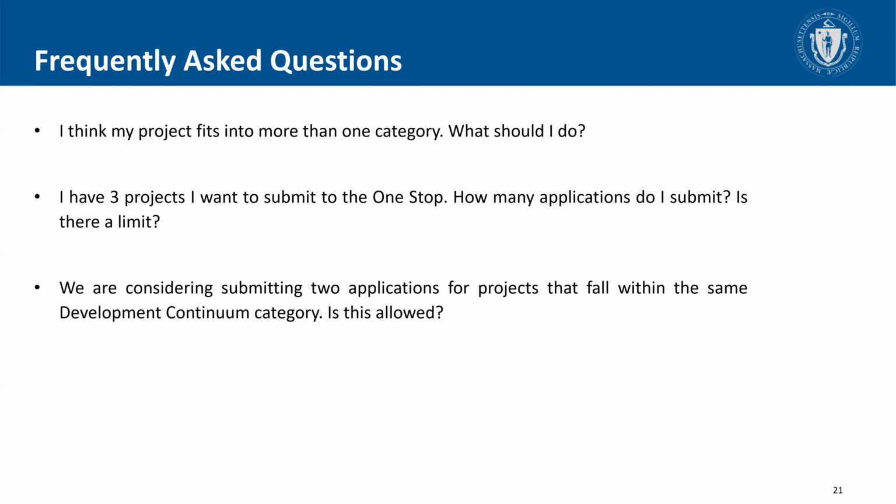So in this new process, the form is available. There is no limit to the number of expressions of interest that the same entity can submit. The limitation is that each EOI will take one project. So if you have multiple projects, you would submit one EOI for each of them, and gain from our team a report for that specific project.